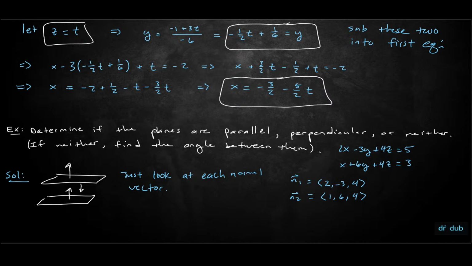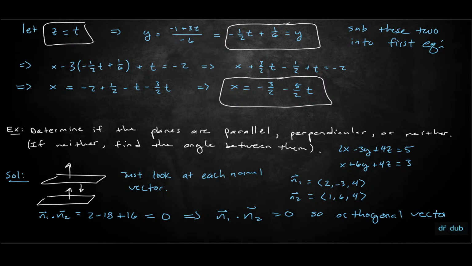So could do cosine of theta and just skip everything, but let's look at n1 dot n2. So n1 dotted with n2 will be equal to 2 minus 18 plus 16, which is 0. Aha, their dot product is 0, so n1 dot n2 equals 0, so orthogonal vectors.